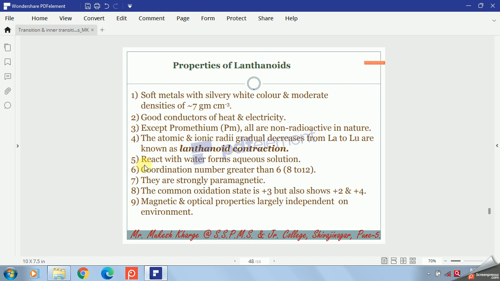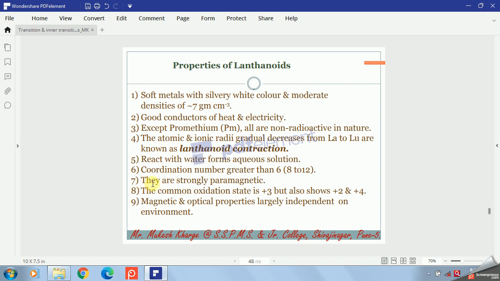Then fifth, they react with water and form aqueous solution. Sixth, the coordination number is greater than 6; we observe that it is between 8 and 12. Coordination number is the number of ligands surrounded by the central metal atom in the coordinate complex.